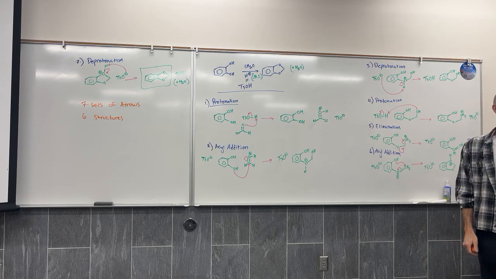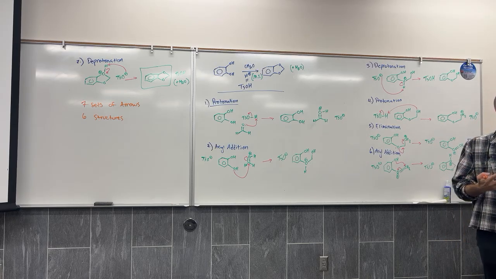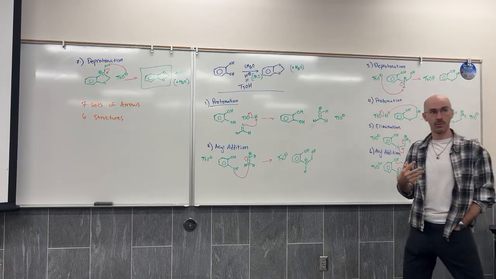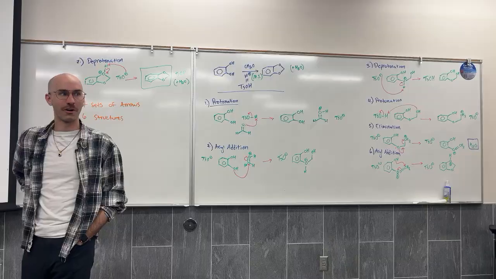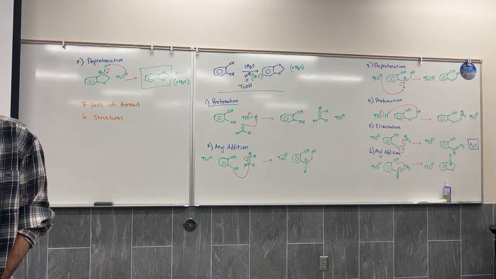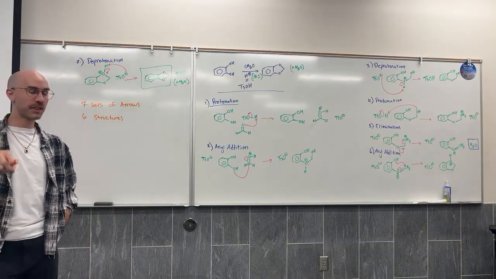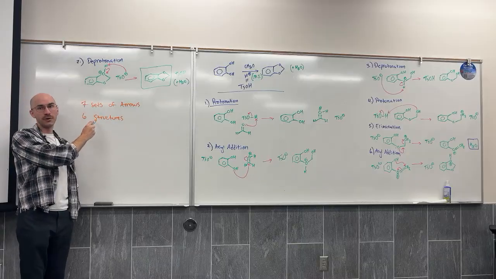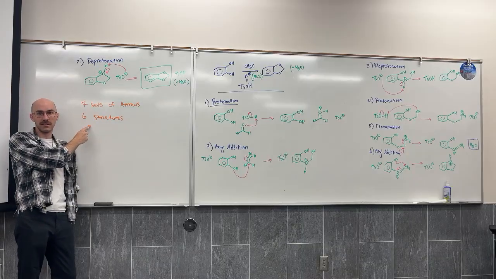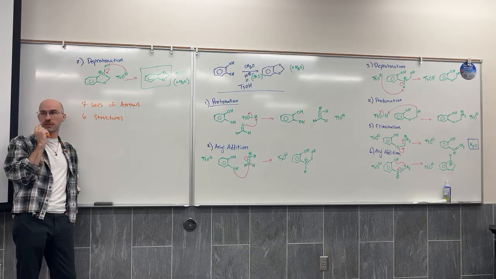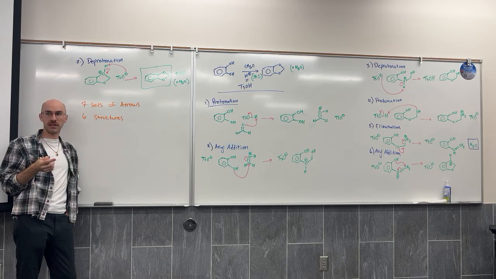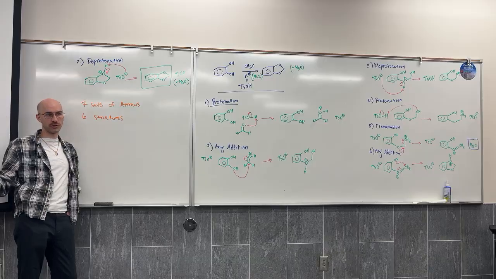Okay, well, anyways, I want you to be thinking about this because I'm thinking about it. The more you think about it, the more you think about what really goes into it. Where are all of those arrows that I'm going to be graded on? Where are all of those charges and lone pairs, and what does the structure look like? And if you think about the fact that I would give you half credit for a mechanism just for having the structures correct, you could approach this in a way of, I'll memorize what changes over the structure.